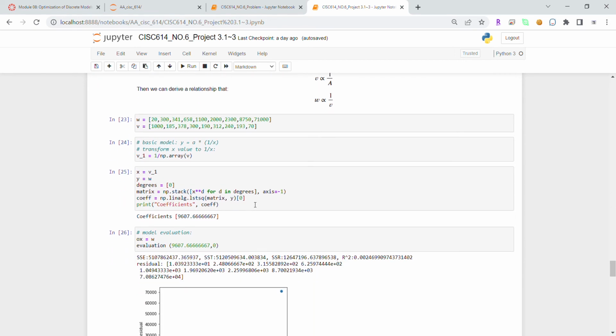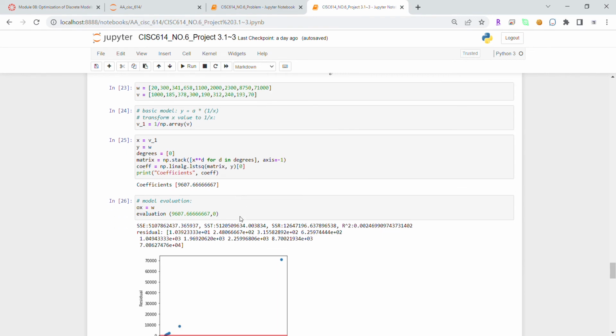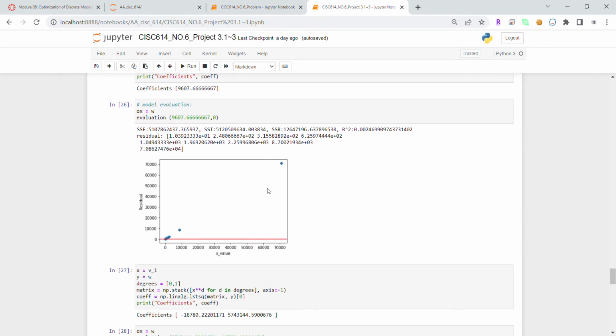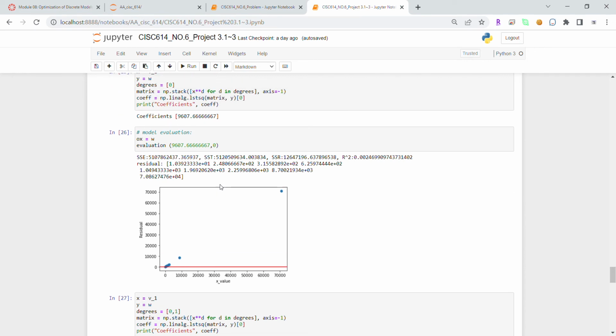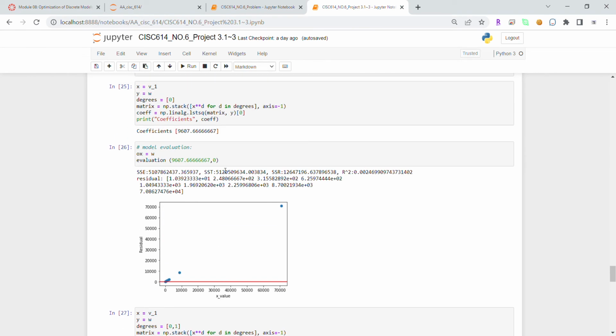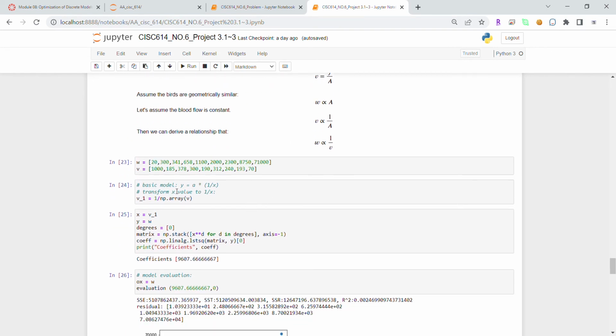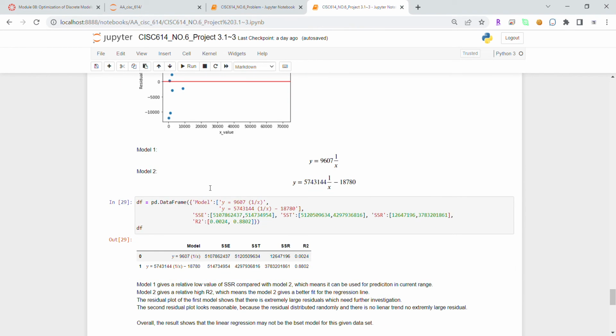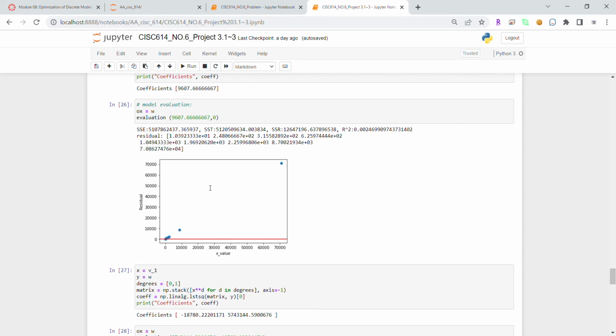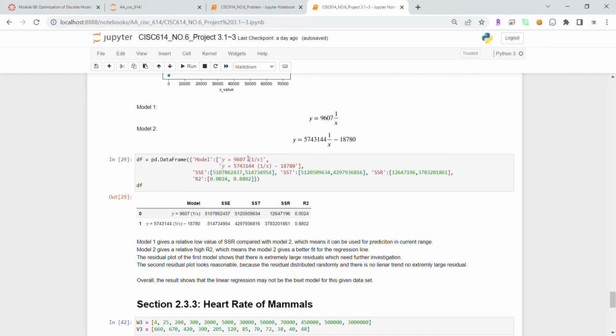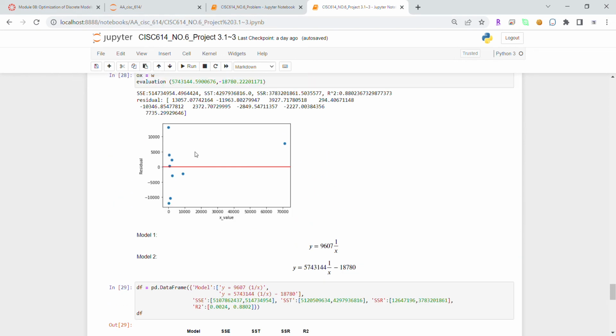Then we're going to evaluate this model by the residue plot. So this is the residue plot for our basic model. And we can see that the basic model gives us a relative low SSR, which means it can be used for the prediction in current range given in the data.